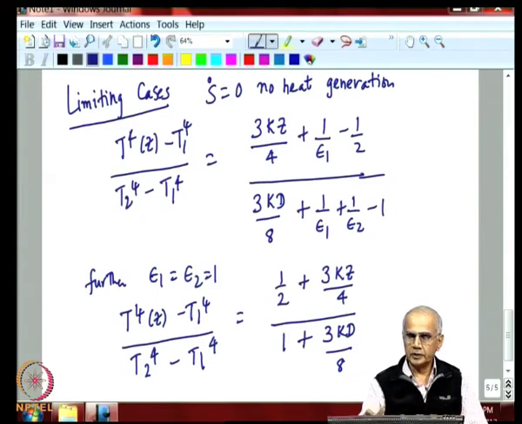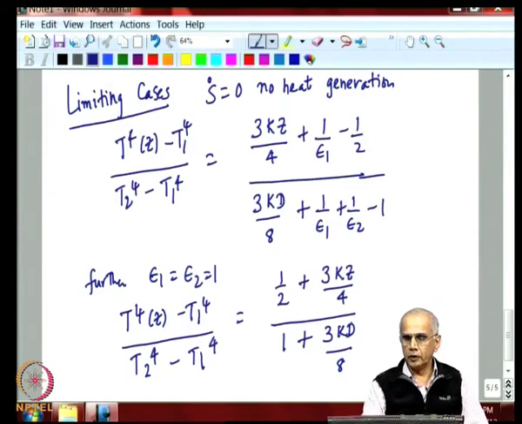for example, if you take z as 0, we have shown that the radiation slip at the bottom wall was equal to half by 1 plus 3 by 8 kappa naught.